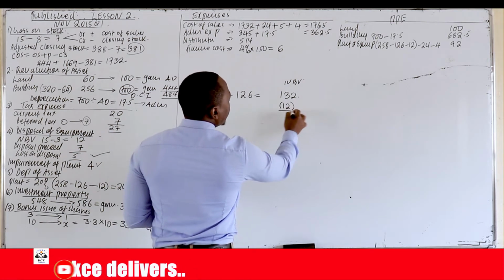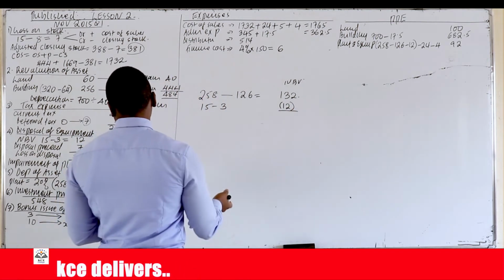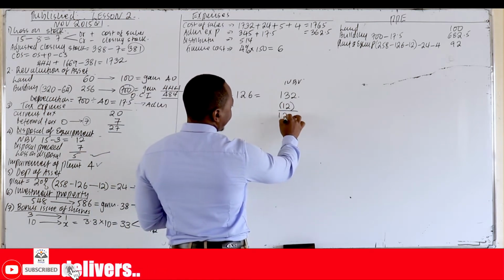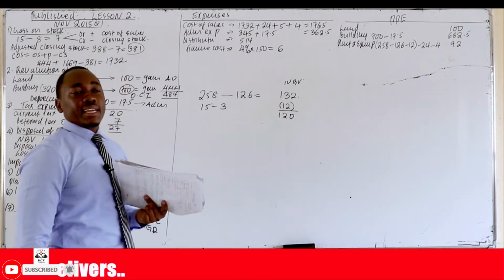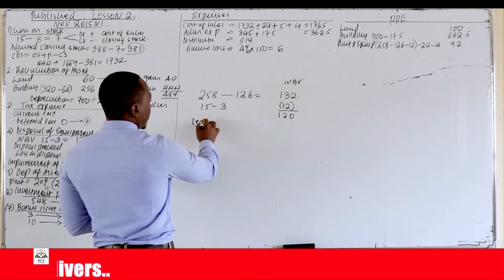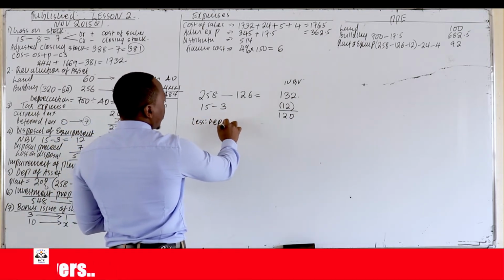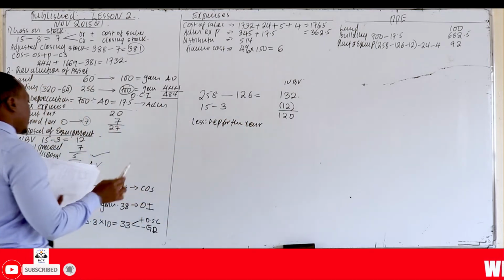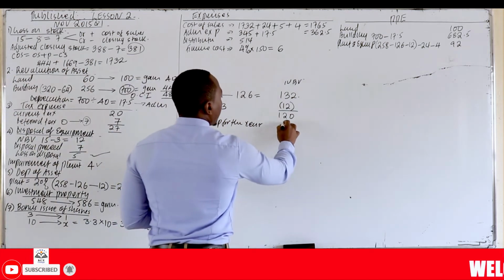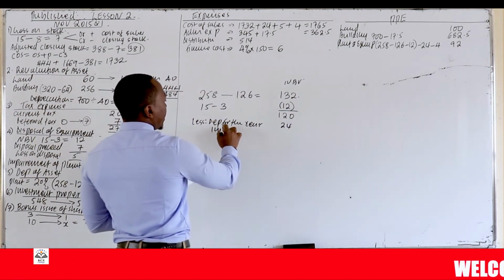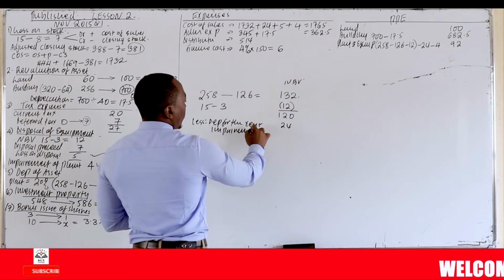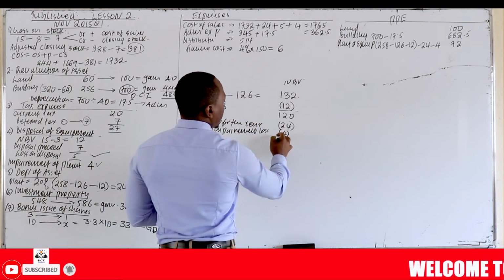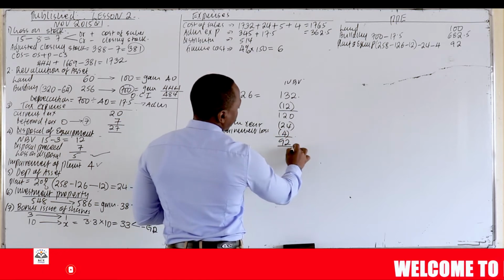So you minus, because we disposed that asset, and you get an amount of 120. Then you raise depreciation for the year, of which we had provided depreciation an amount of 24, and then there was impairment loss, an amount of 4, and you still get 92.